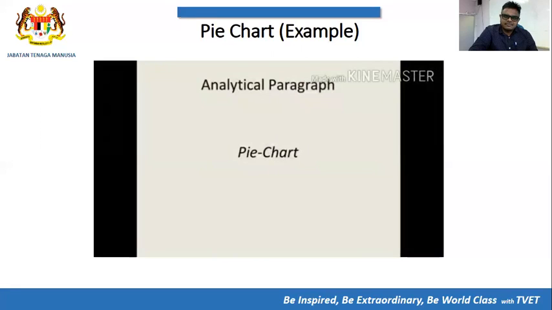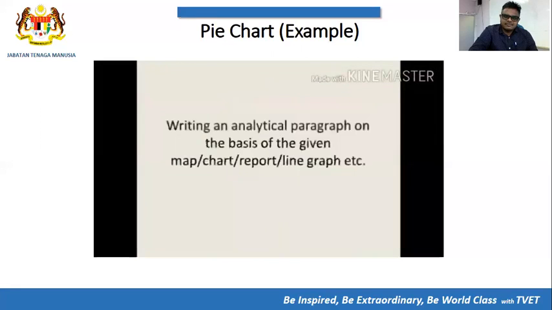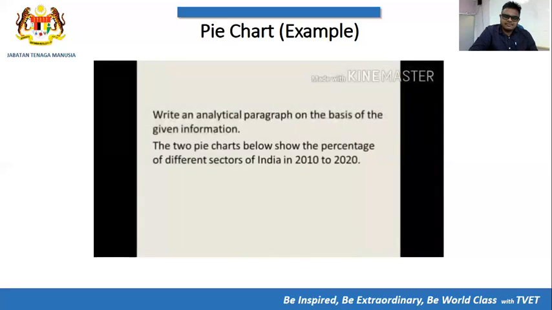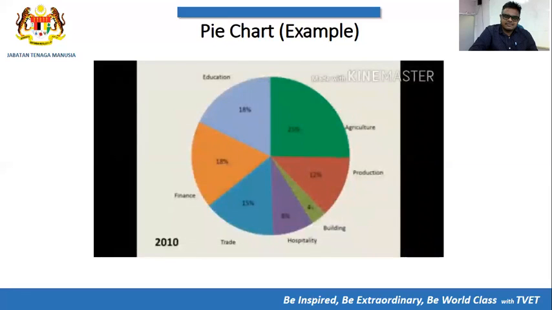That is, a pie chart is already given to you all and we need to write an analytical paragraph. How you need to transform a pie chart to an analytical paragraph. So here we have to write an analytical paragraph on the basis of the given information. We have the two pie charts below, which show the percentage of different sectors of India in the year 2010 to 2020.